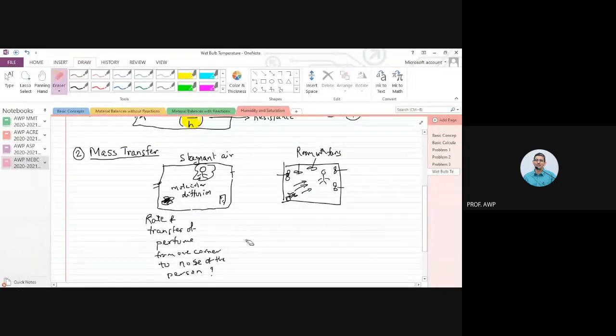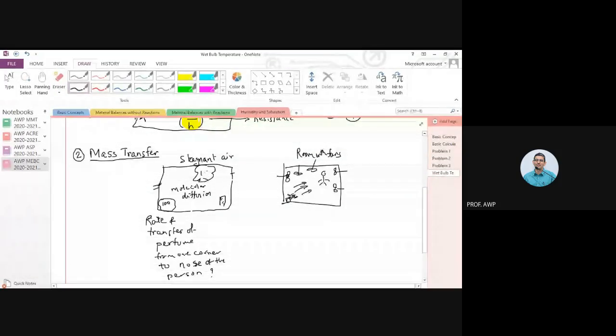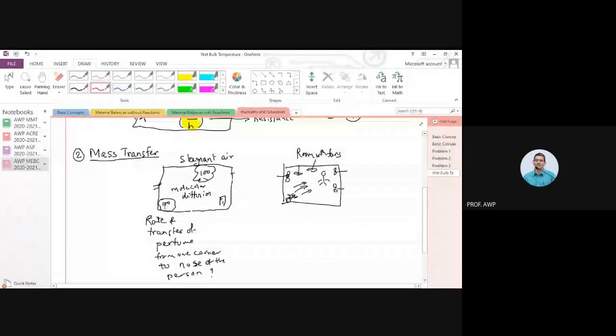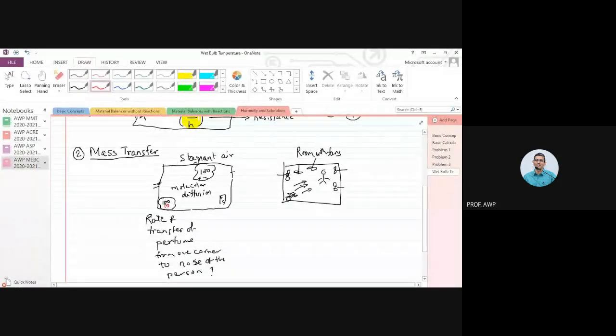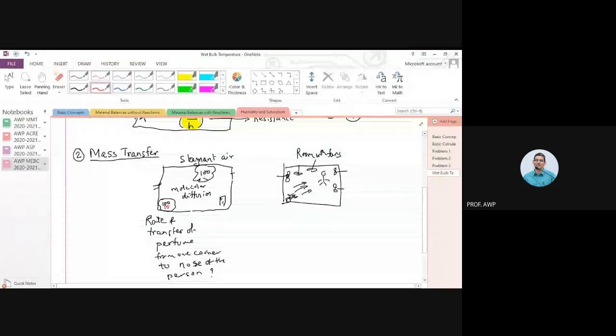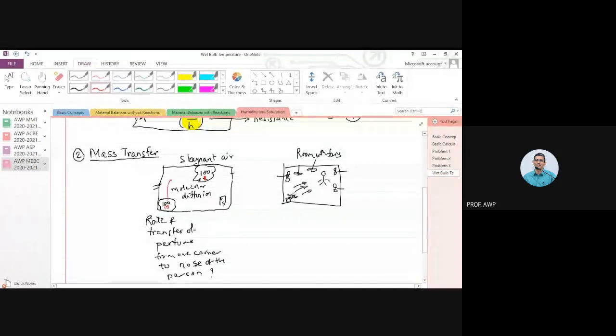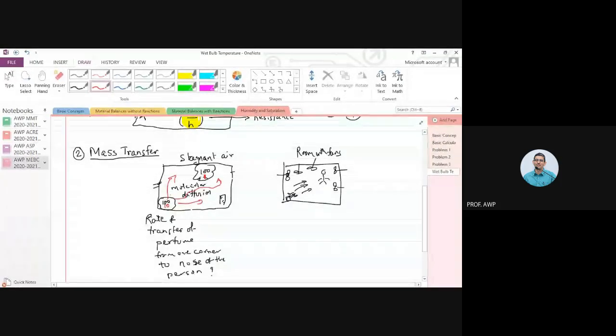If you like, suppose there are 100 molecules. If I look at this region and I have 100 molecules here, and I look at this region and there are 100 molecules here. Out of this 100, suppose 10 molecules are of perfume, and out of this 100, let's say one molecule is of perfume. Now there is random thermal motion, so molecules are going at random.